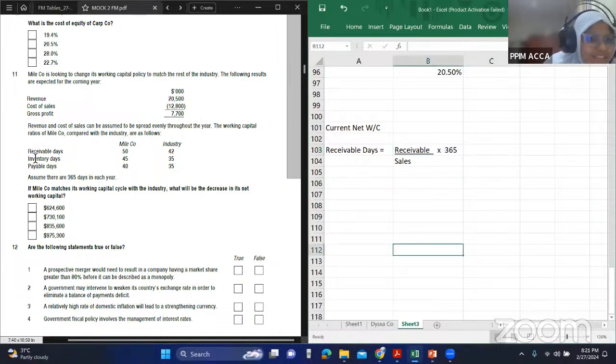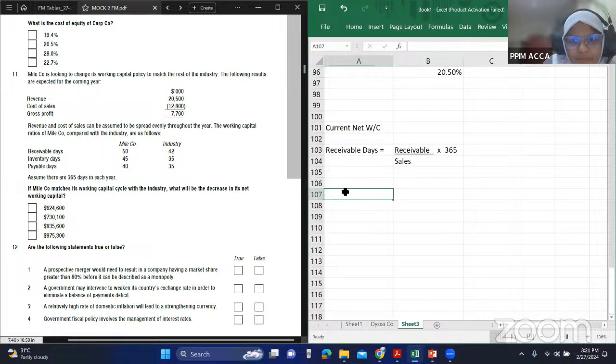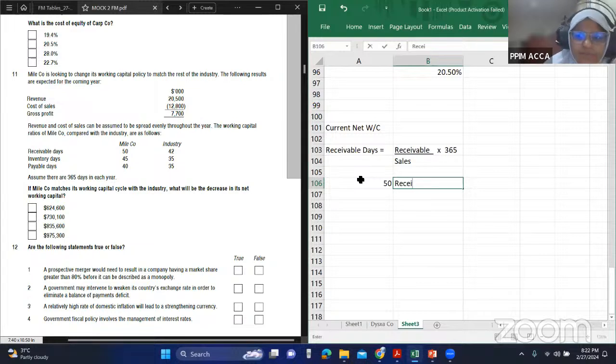So now we have the receivable days for Mile Company, which is 50. That should equal the receivables, which is what we want, divided by the sales, which we know is 20,500, into 365.